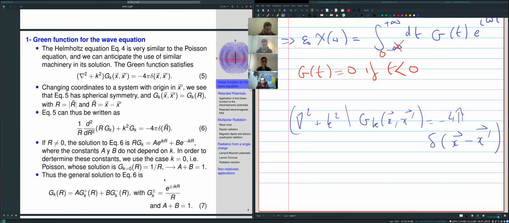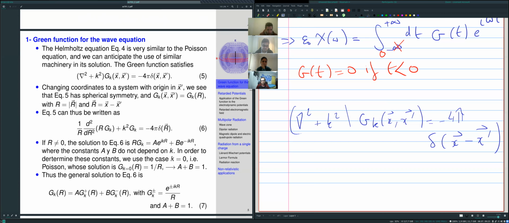The general solution then is given by this superposition: A exponential plus ikr plus B exponential minus ikr.